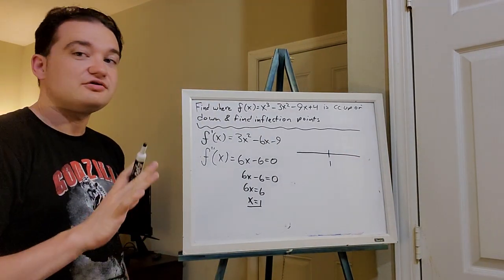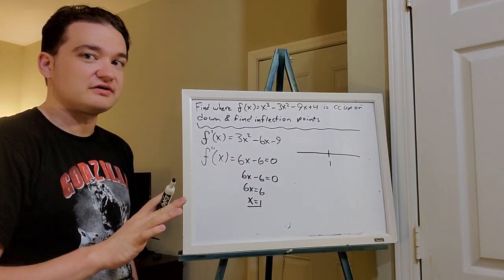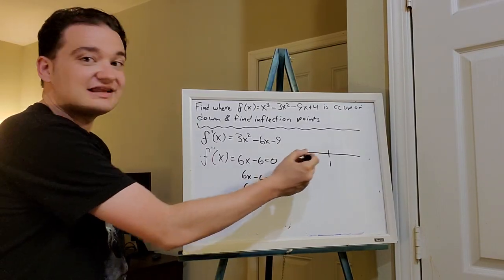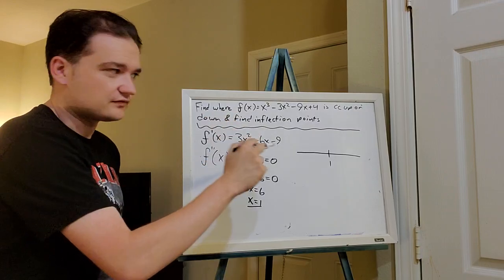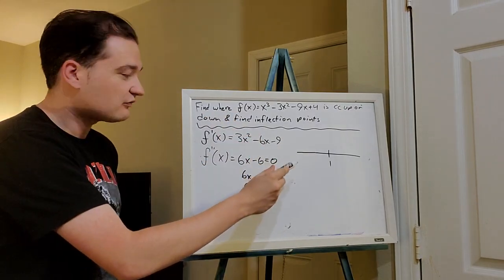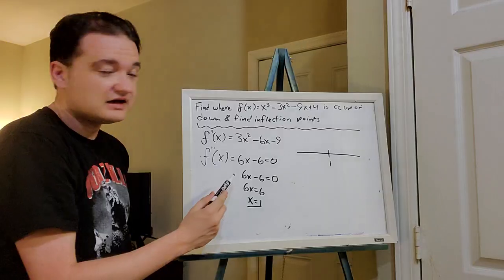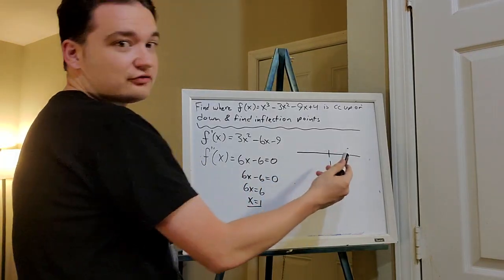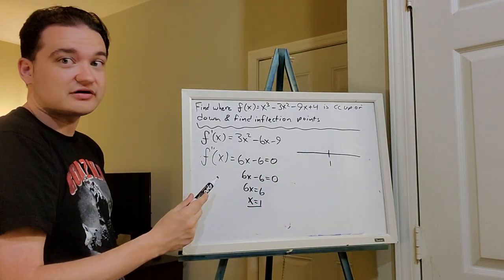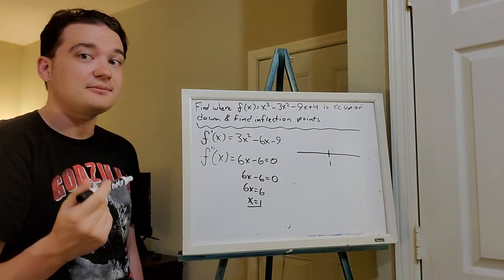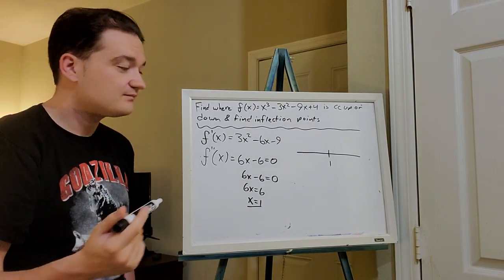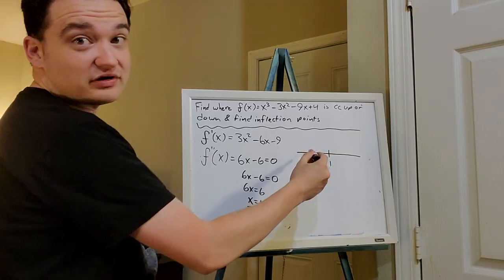Okay. We're going to do the same thing that we did for the first derivative. We're going to take a point from each interval. We're going to take a point less than 1, and plug it into the second derivative. And we're going to take a point bigger than 1, and plug it into the second derivative. And we're going to see if we're concave up or concave down. Let's take the point 0, right?